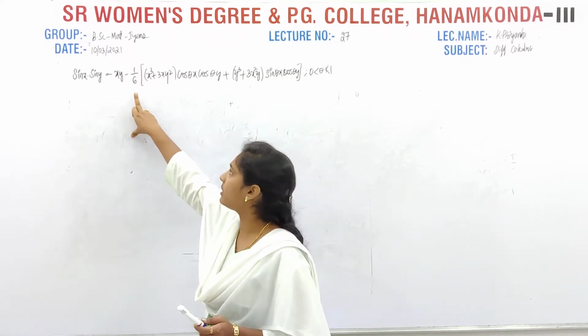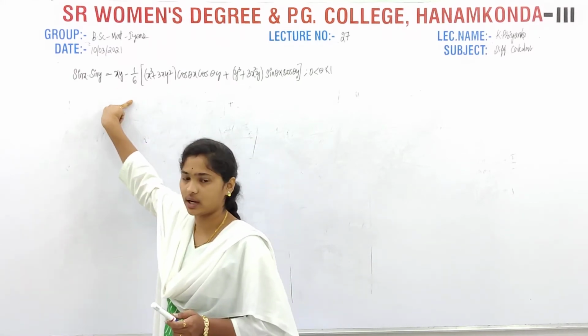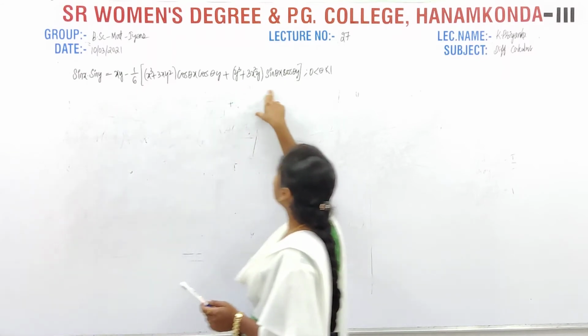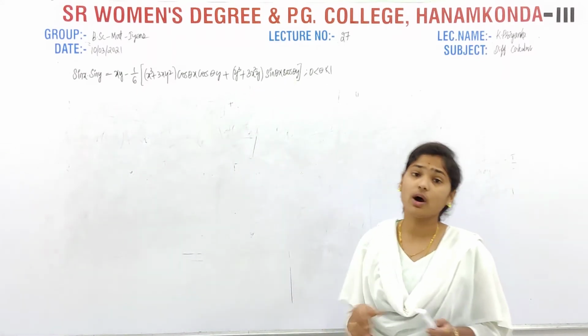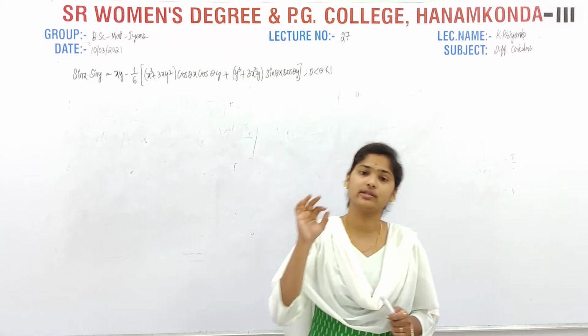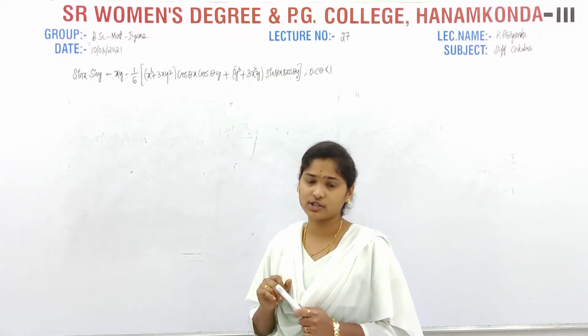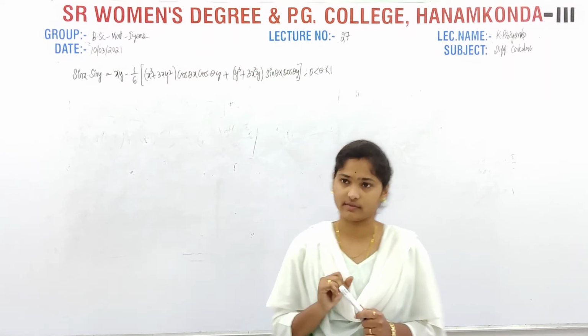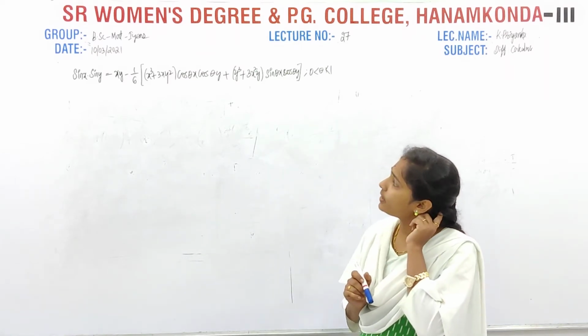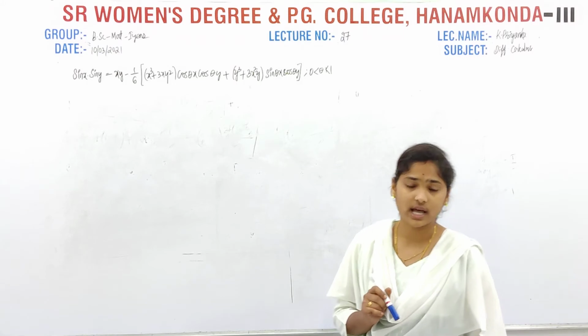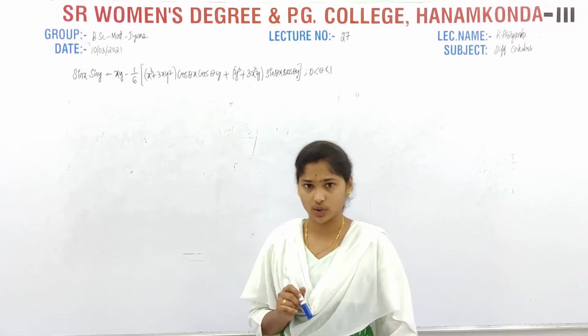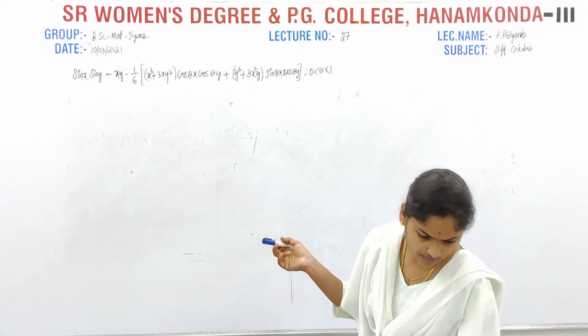So we can guess that 1 by 6 means 1 by 3 factorial, right? So we have the third derivative, up to third derivative. So what we have to consider? We have to consider the value of n as 3. Okay, and next the functional value is nothing but sin x and sin y. And the next thing is we have to take the value of x and y as a comma b, 0 comma 0. Here they are not mentioning, no.